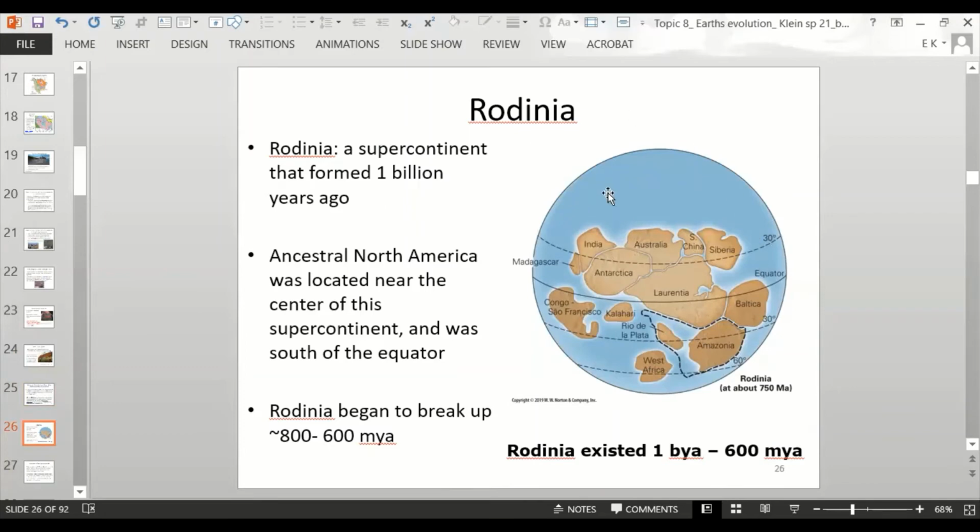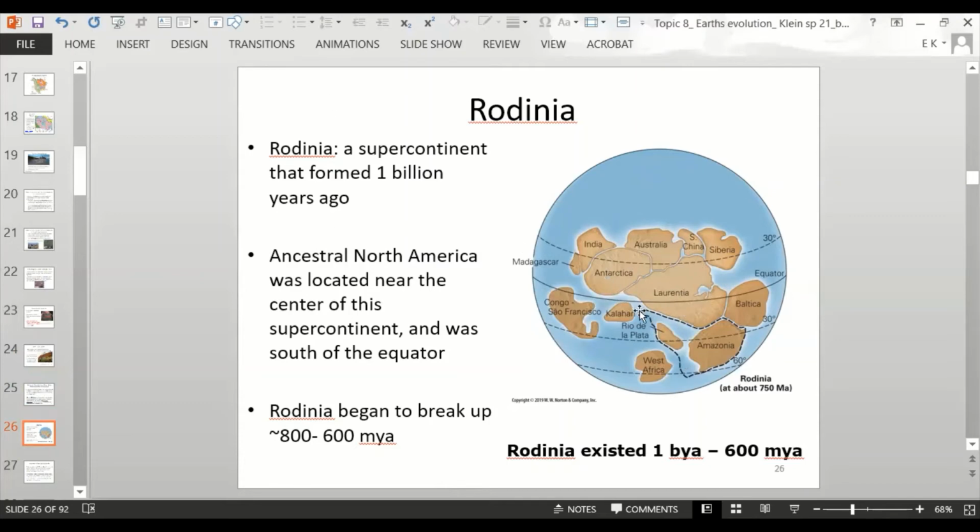Okay, so this is a picture of what Rodinia would have looked like at about 750 million years ago after it started to break apart again. But Rodinia existed from 1 billion years ago to 600 million years ago.